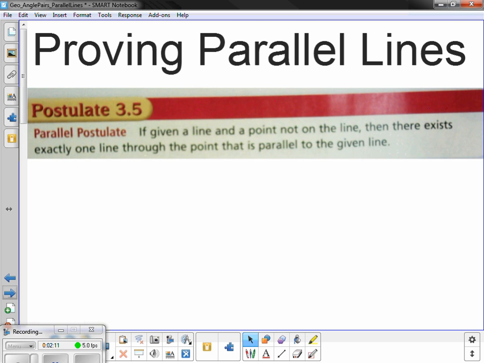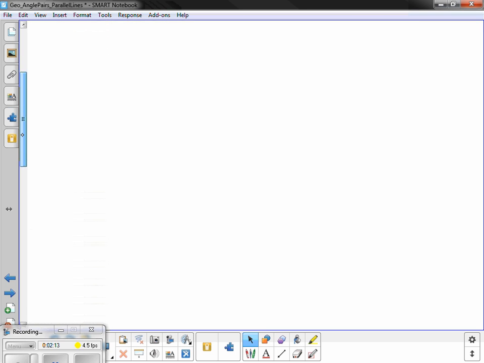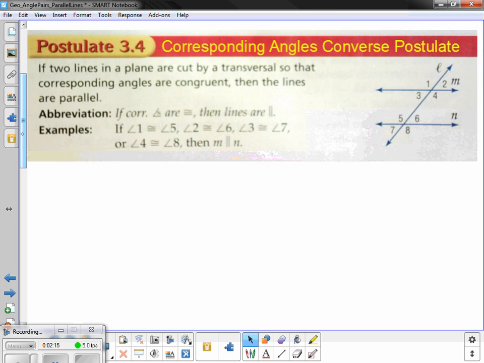Now, where do I go from there? Now I can draw a line that is parallel. So what are some of the theorems or postulates we have? We have the corresponding angles converse postulate. Notice the word converse there, because the corresponding angles postulate says if I have two parallel lines cut by a transversal. This is the converse of that. It says if I have two lines in a plane that are cut by a transversal so that the corresponding angles are congruent, then the lines are parallel.